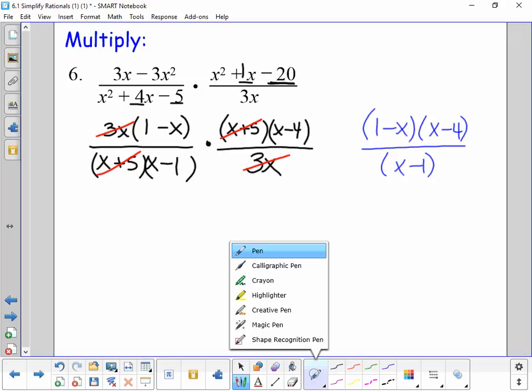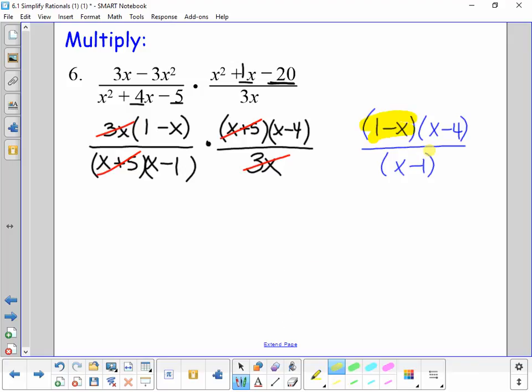Well, hopefully you notice maybe that these two are very, very similar. So I'm going to look at this one a little bit more in depth. Another way to write that would be -x plus 1. That puts it into more standard form with the highest power to lowest power.